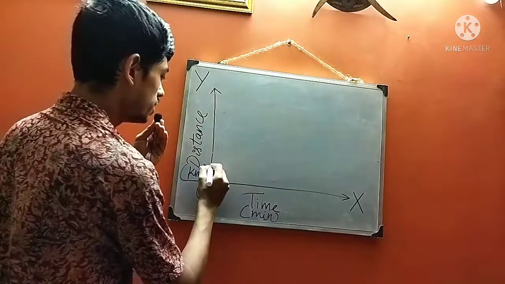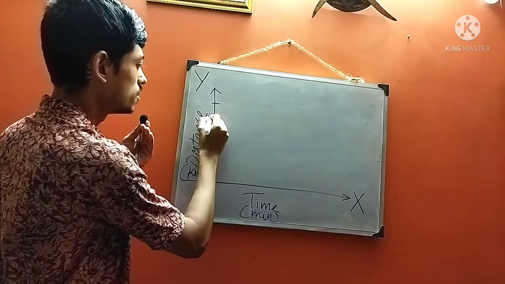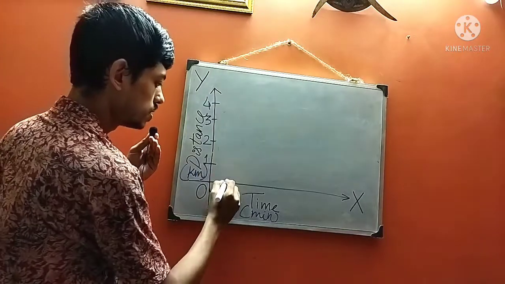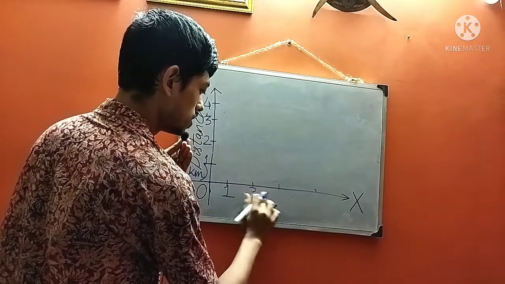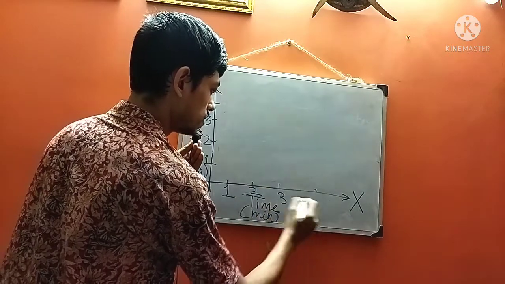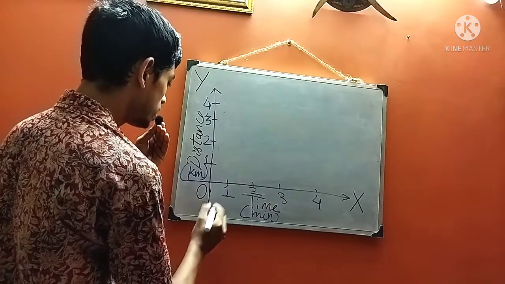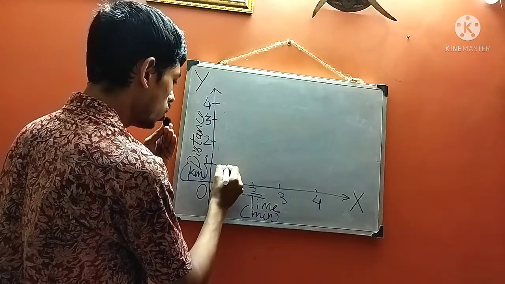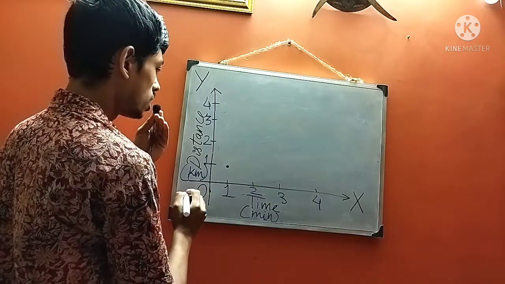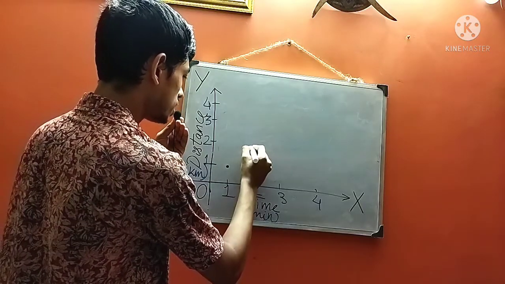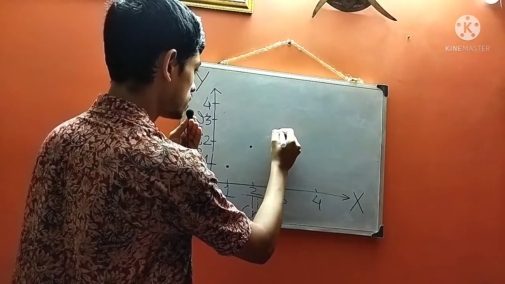For example, an object travels 1 kilometer in 1 minute, 2 kilometers in 2 minutes, 3 kilometers in 3 minutes.